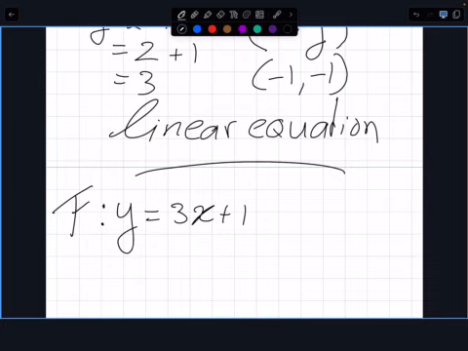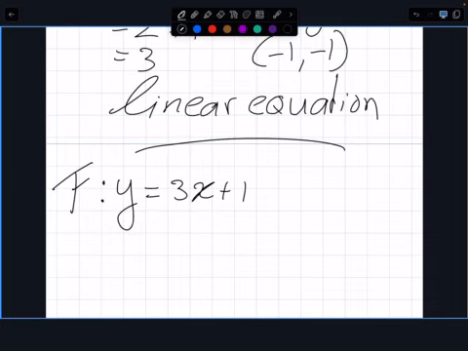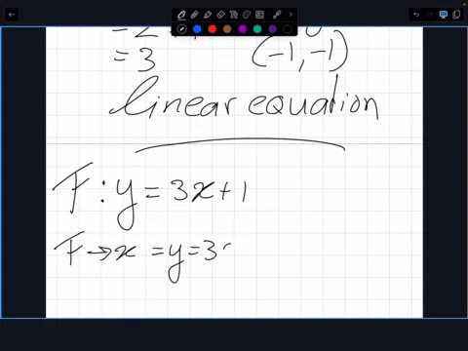So when you see something like this, or sometimes it is written, there are different ways of writing it. Different ways.